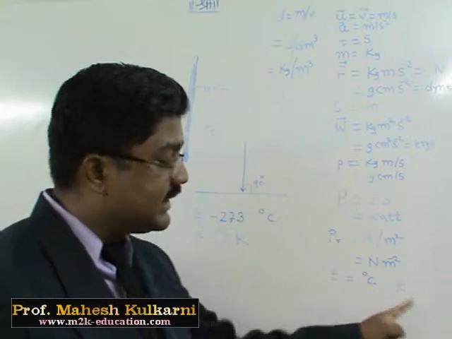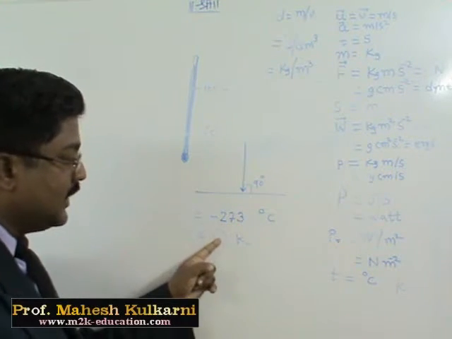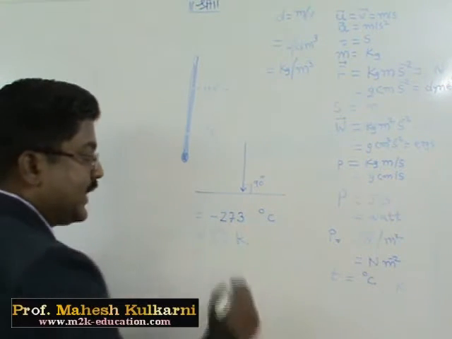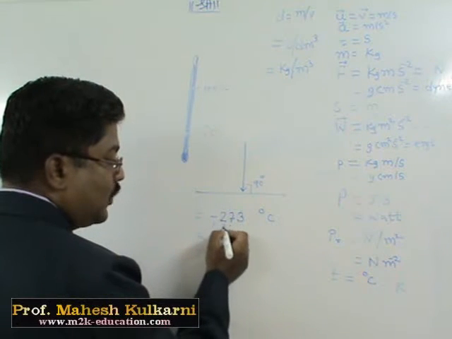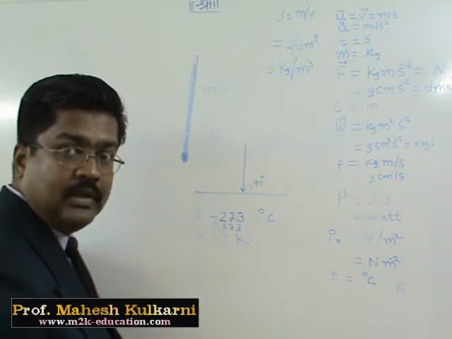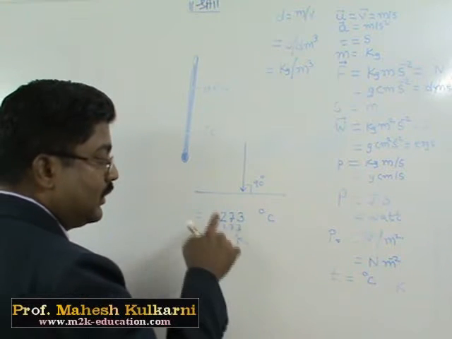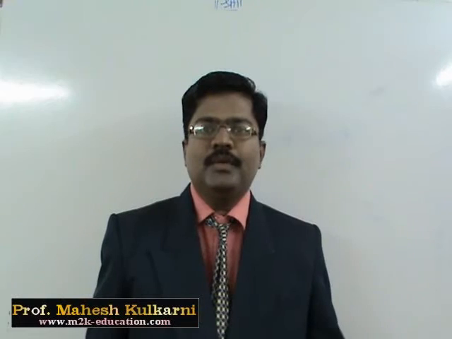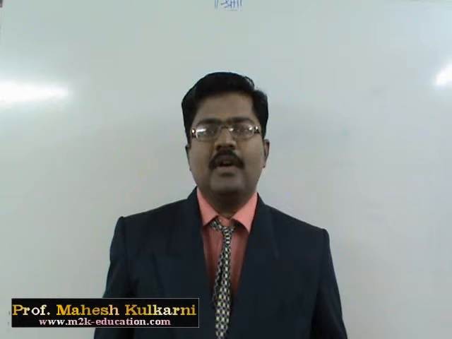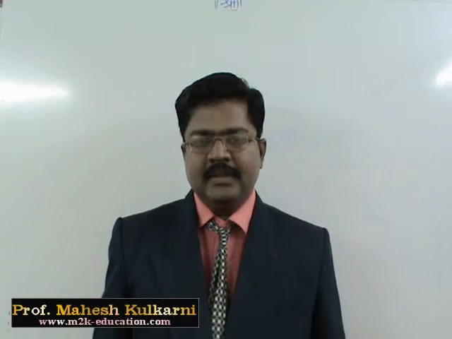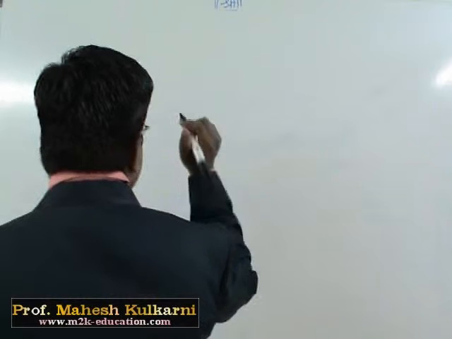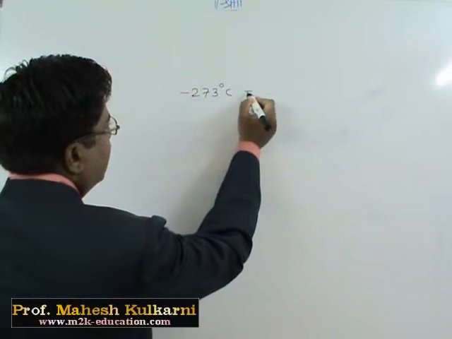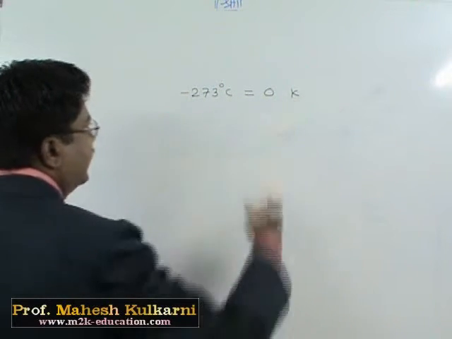How to convert degree Celsius to Kelvin? Just addition and subtraction. 0 Kelvin means minus 273 degrees Celsius. So I have to add 273 here. So 273 Kelvin is equal to 0 degree Celsius. Once again, remember that minus 273 degrees Celsius is equal to 0 Kelvin.